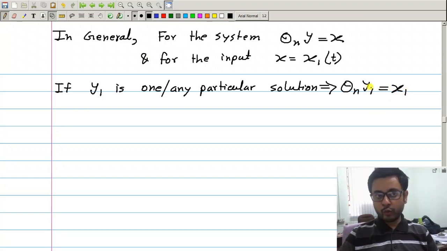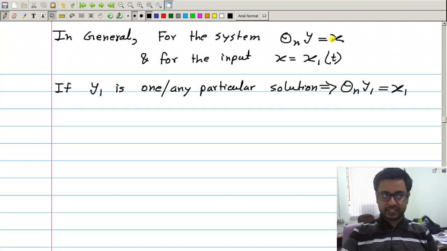So x1 and y1 together satisfy this differential equation.